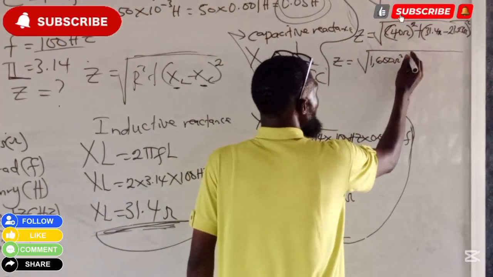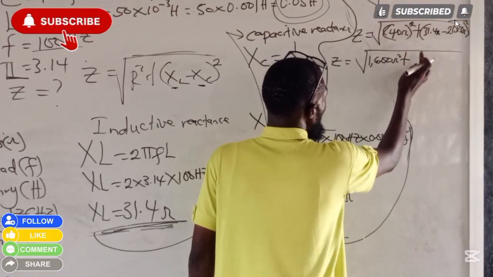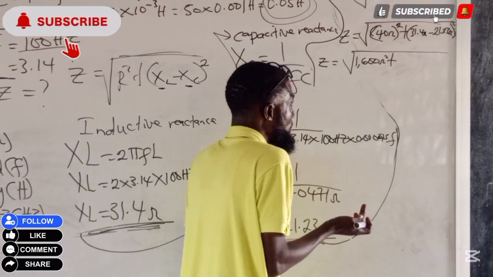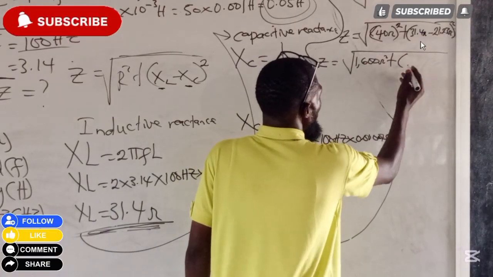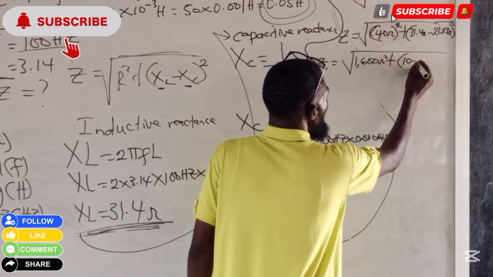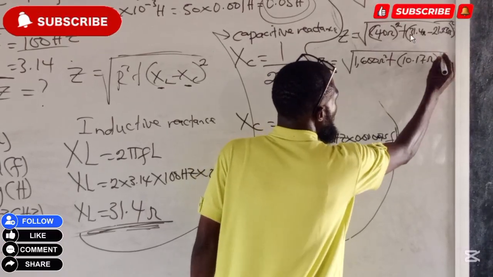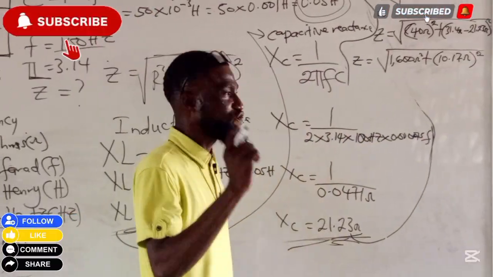So on that note, what we have here, we say plus 31.4 ohms minus 21.23 ohms. What do we have? Parenthesis open, we have 10.17 ohms. Parenthesis closes, all raised to the power 2.